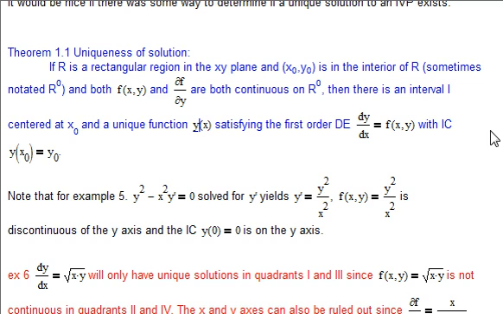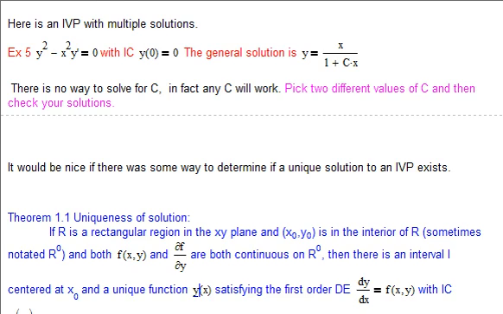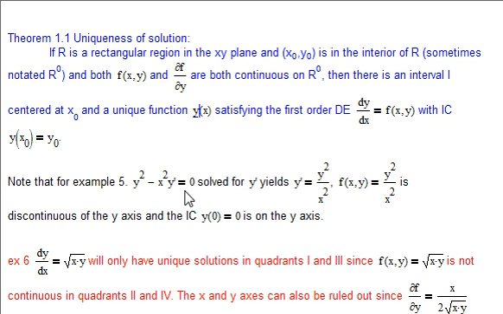Now, why was our example, this one, bad? Well, there's a reason, because if you went to solve this one for y prime equals y squared over x squared, so f of x y is y squared over x squared, and if you think about it, that is not continuous on any rectangle that would contain the line where x equals 0.